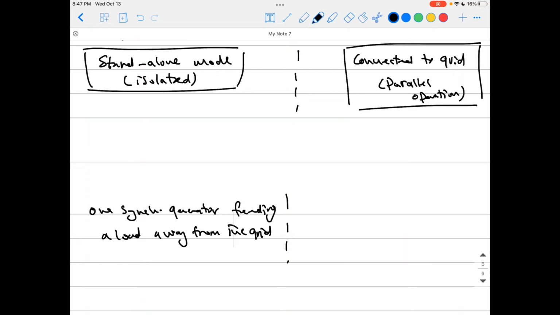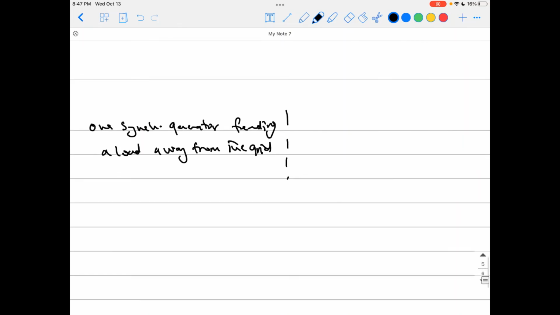This can be used for several purposes actually, but mainly emergency backup generators. Those are mostly diesel powered backup generators you have for the sensitive loads. So if the main electricity coming from the grid is cut off, you use just a diesel powered synchronous generator to feed the load.